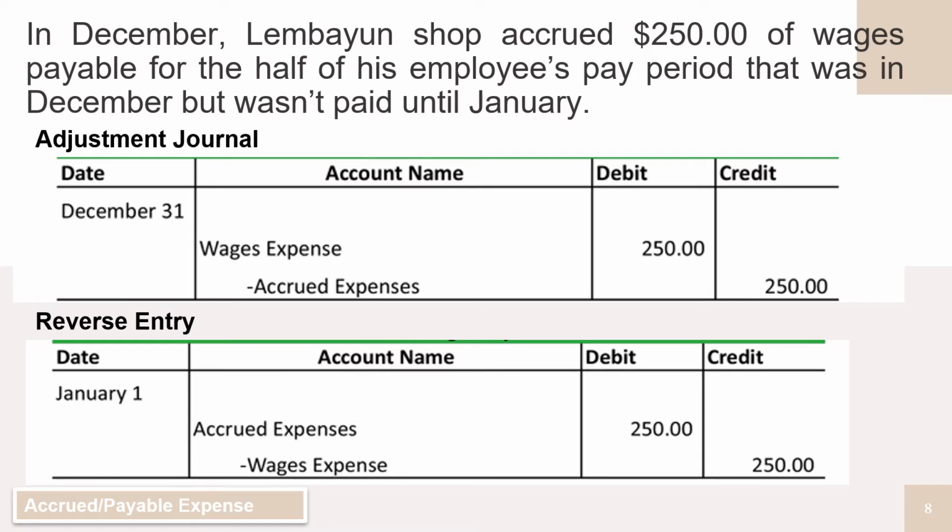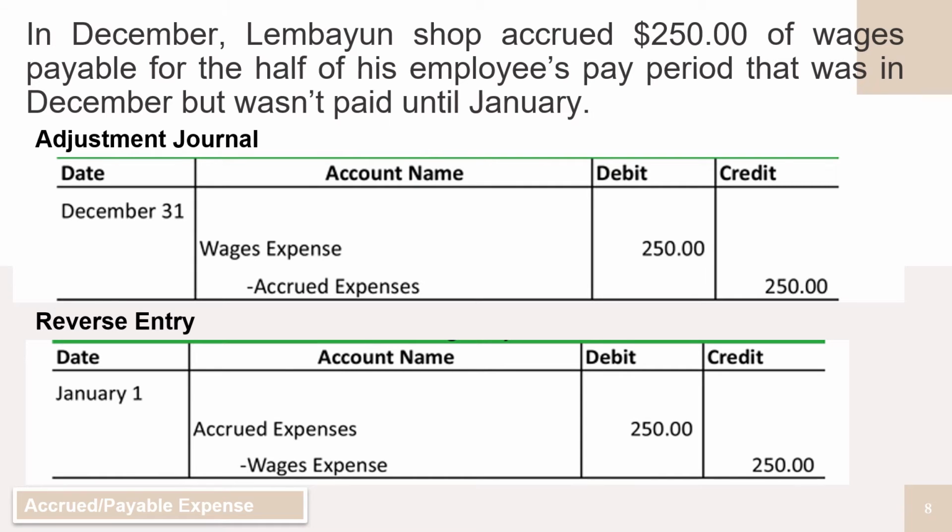In the adjustment journal, the expense is in the debit, so you reverse it to the credit. The accrued expense is in the credit, so you reverse it to the debit. So the reverse entry becomes accrued expense $250 at debit and wage expense $250 at credit.